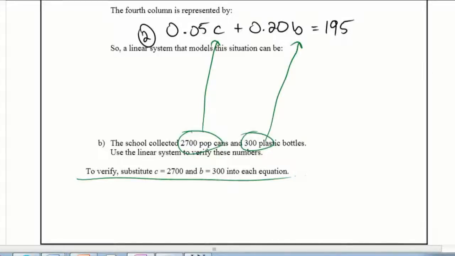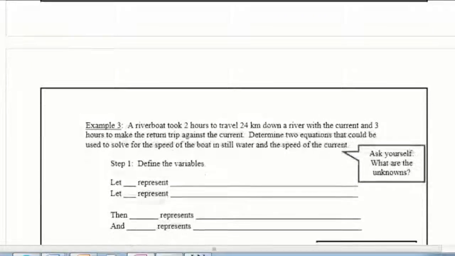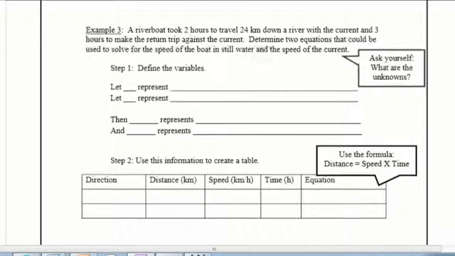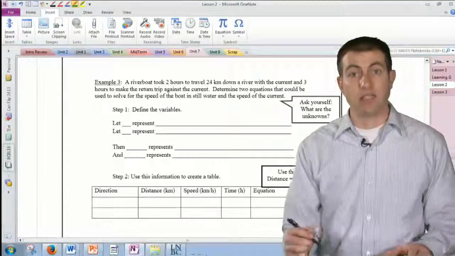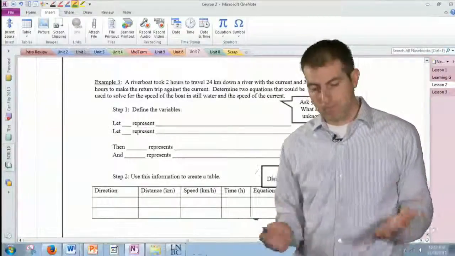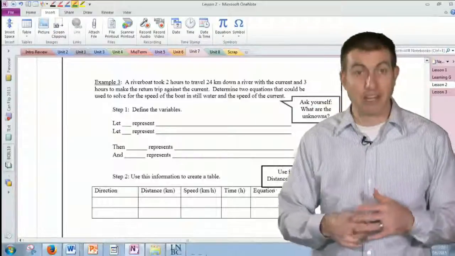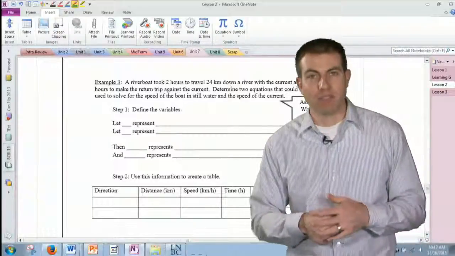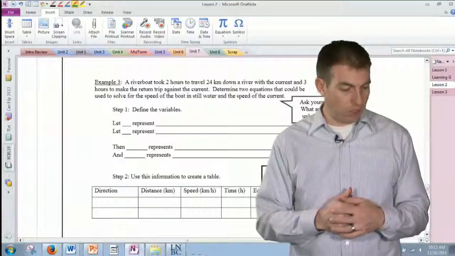If it does, then your system was right. That was where I left you. I want to jump down to the third example, because this is a hard one to set up. I have a feeling you might be better at it now after seeing a few other examples, but I want to try to get through this.